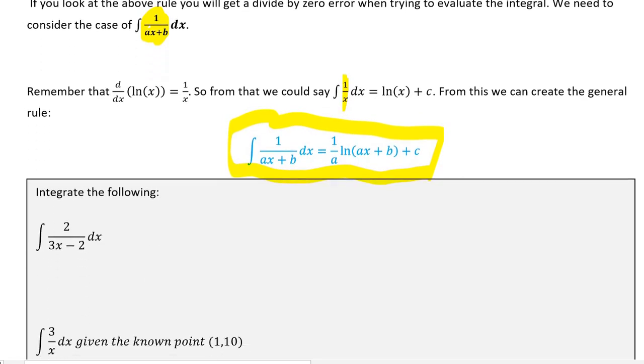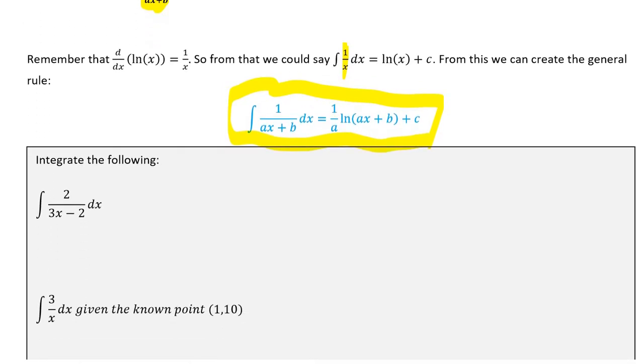So let's follow our rule. And we have 2 over 3x minus 2. If we match this up with our rule, the rule has 1 over. In this one, it has 2 over. If you have a constant, like that 2 is just a constant, you could, if you wanted to, and don't write this down because I don't want you to do it this way, pull the 2 out the front of your integration, and you'd be left with 1 over 3x minus 2 dx.